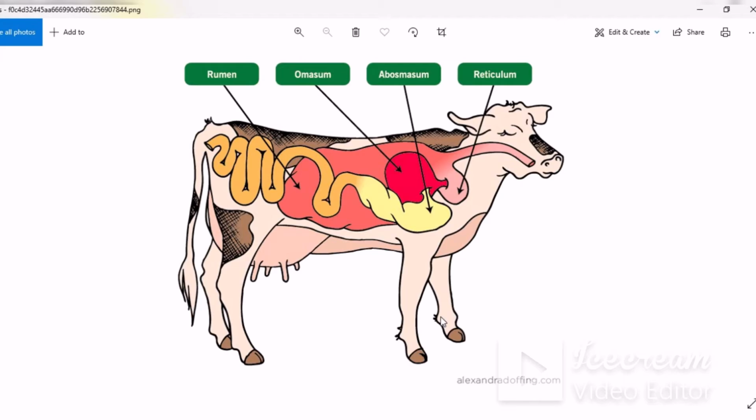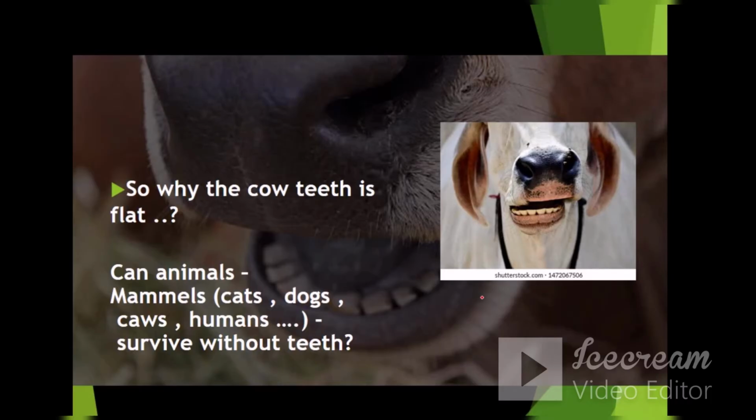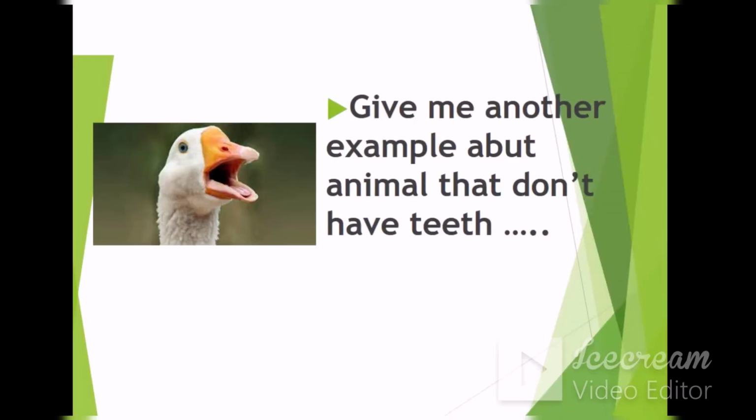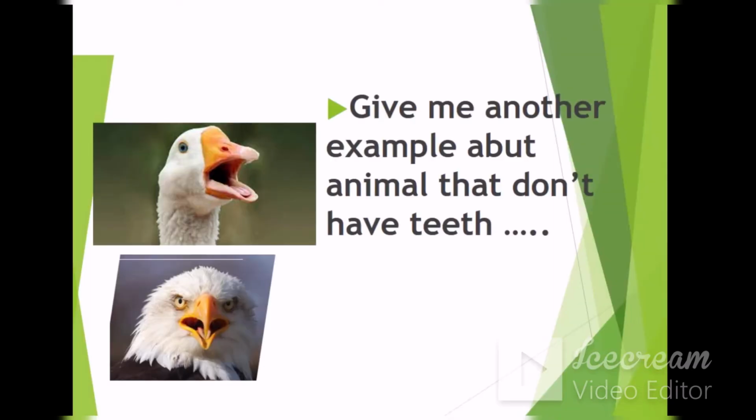Not just that, if you look at the teeth, for example, the cow has flat teeth. Why flat teeth? Because this one eats grass and plants, and does not need to cut meat. But the dog has sharp teeth. And also if you look at some birds, they have no teeth. Why? They adapt to their environment.